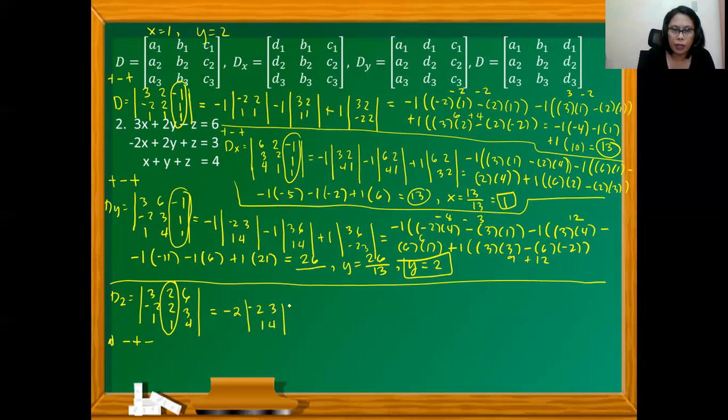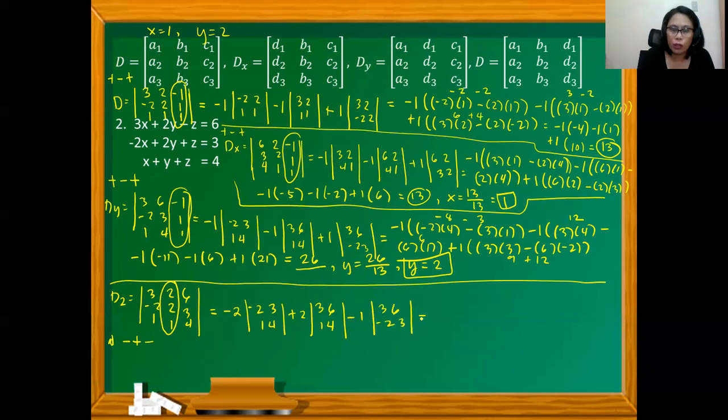And then plus the second element 2 times its minor. So we'll eliminate the second row and the second column. So we have 3, 6, 1, 4. And then minus 1 times its minor. So we'll eliminate the third row and the second column. We have 3, 6, negative 2, 3.